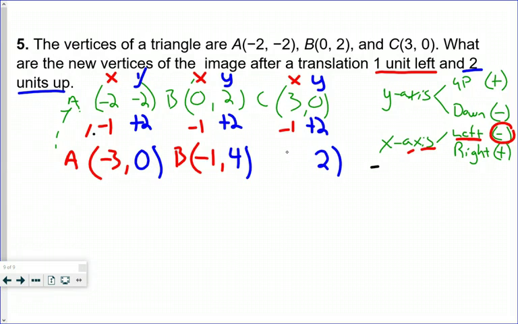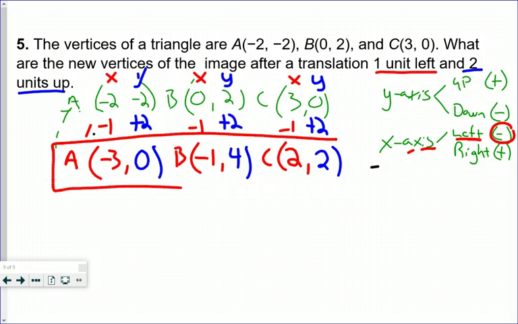So 3 minus 1 there would give us a positive 2. So clean and easy, these would be our new coordinates for our vertices of a triangle if they've been translated 1 unit to the left and 2 units up.